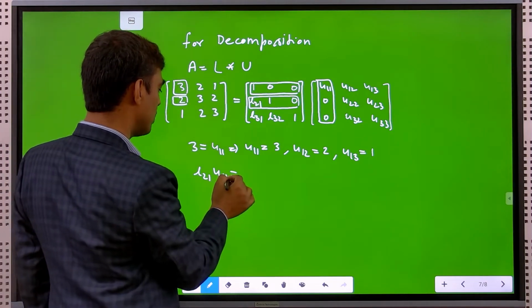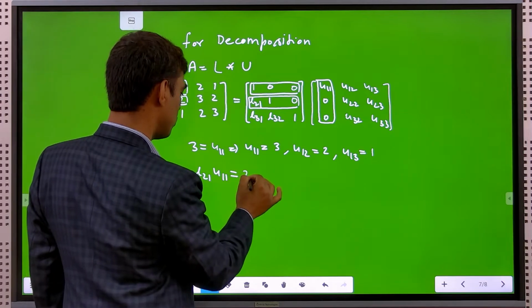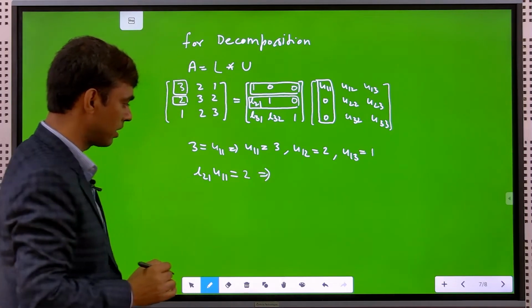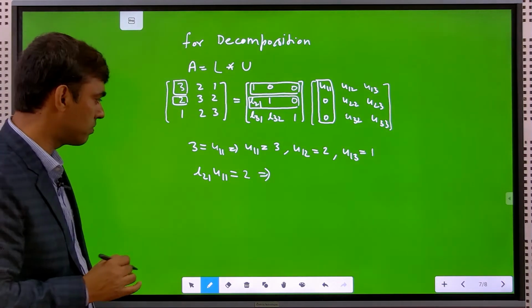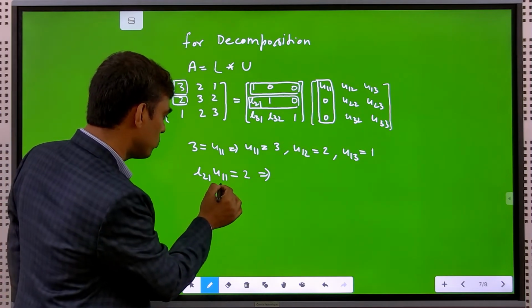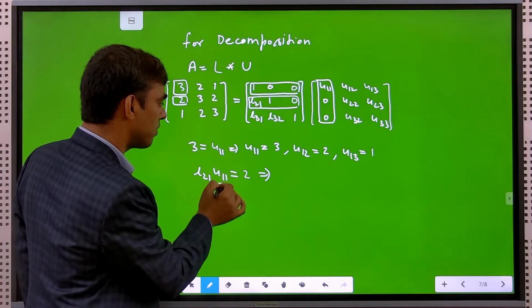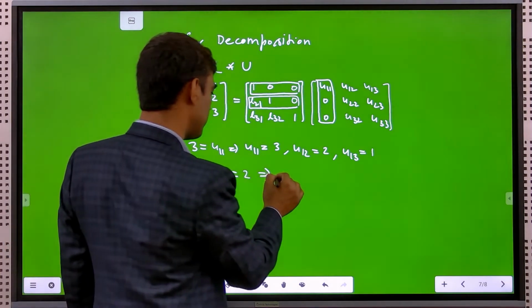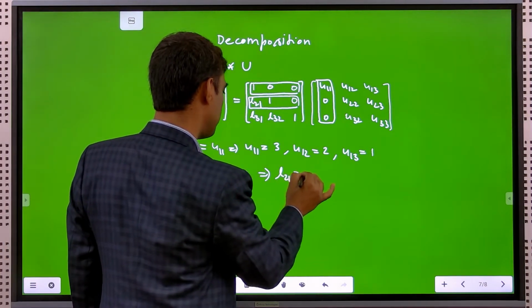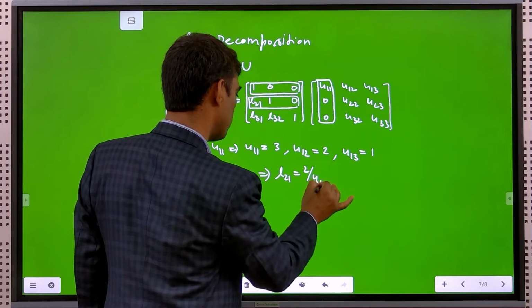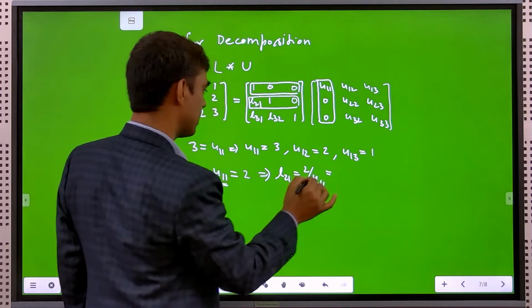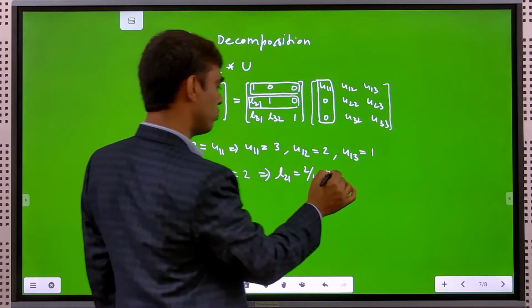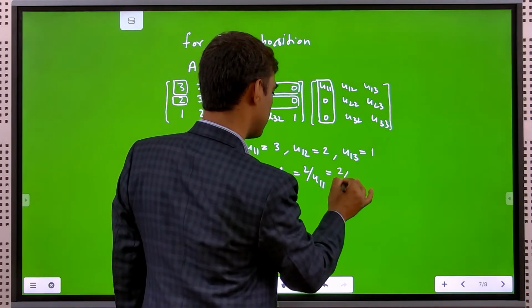So L21 U11 equals 2. If we simplify, and U11 we have already found, what is the value of L21? L21 becomes 2 upon U11, and U11 is 3, so this becomes 2 by 3.